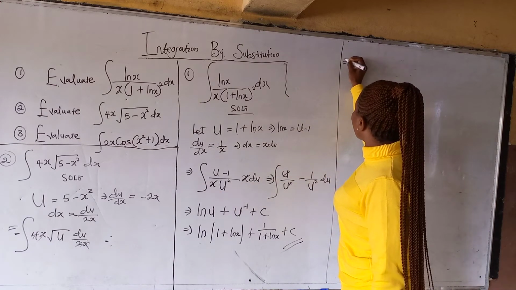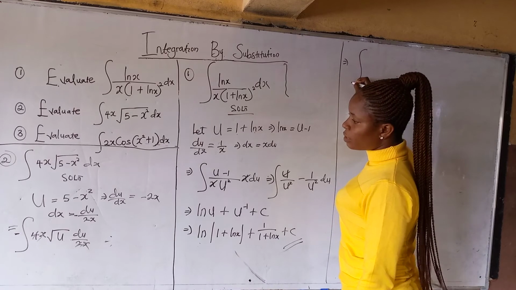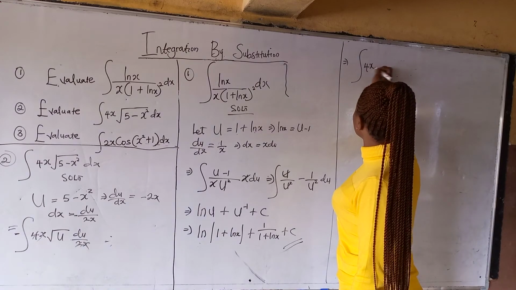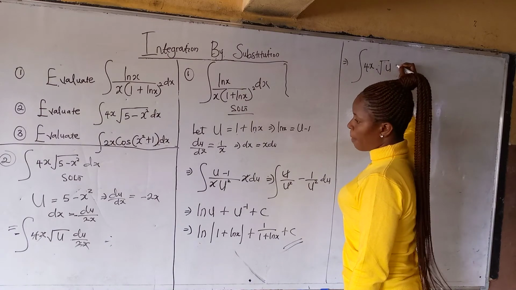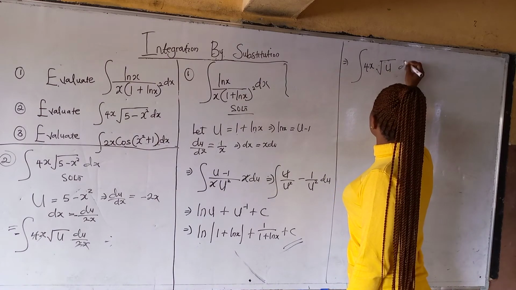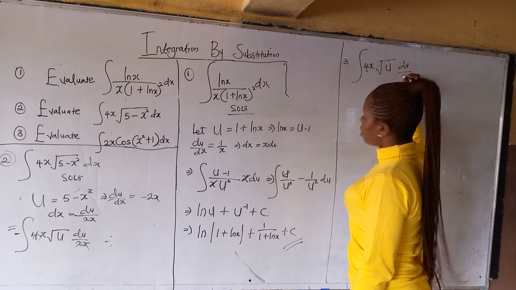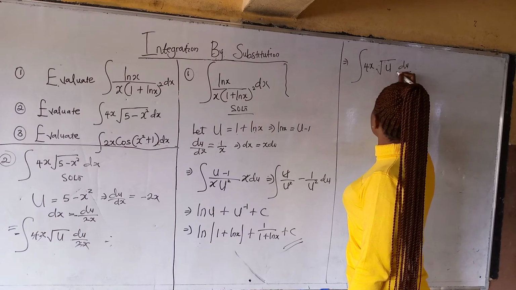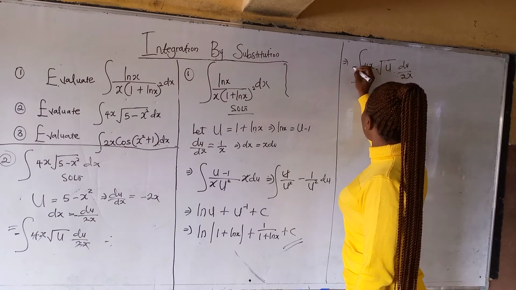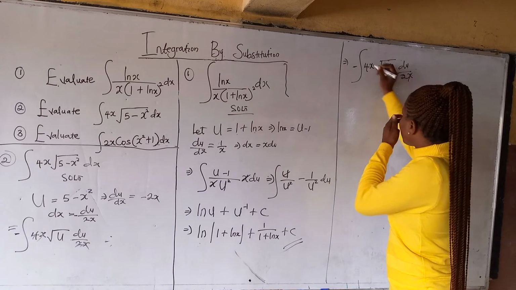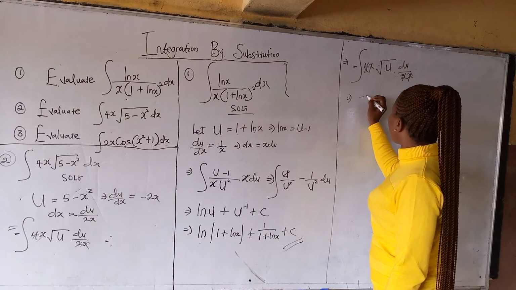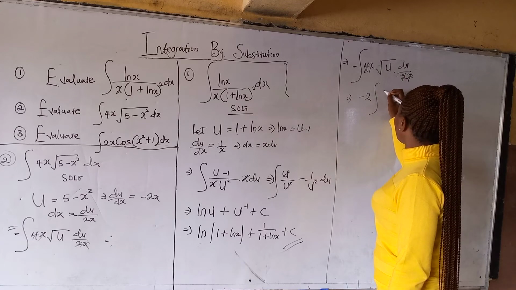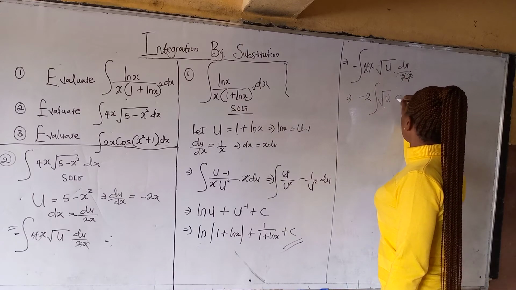So that we have our integral, when we substitute, we had 4x square root of u. And what is our dx? Du all over 2x. And there is a minus here, so we are going to bring the minus outside. This will cancel this, 2 will cancel this, and we have 2, so that we have minus 2. It is a constant, so we bring it out. Square root of u du.